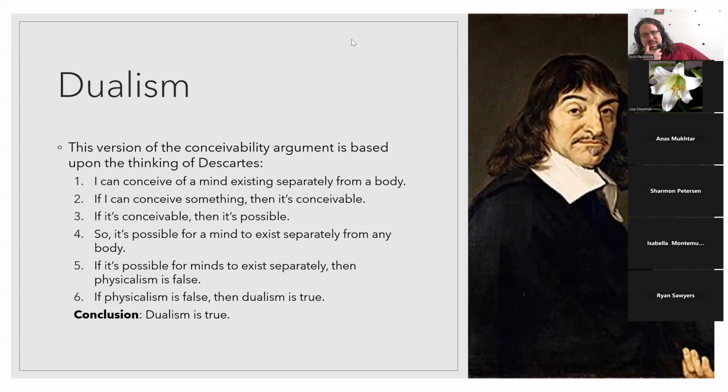What's my opinion? My opinion is that conceivability arguments are problematic. Yeah, like Galen, that's a great example. Sure, let's conceive of a flat Earth. The Earth ain't flat, right? Can I conceive of something red all over and green all over?